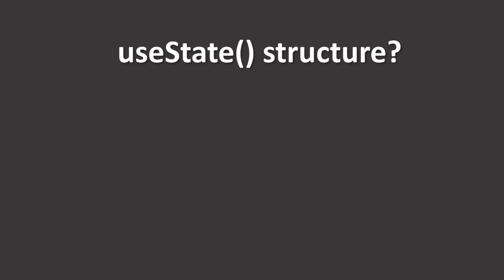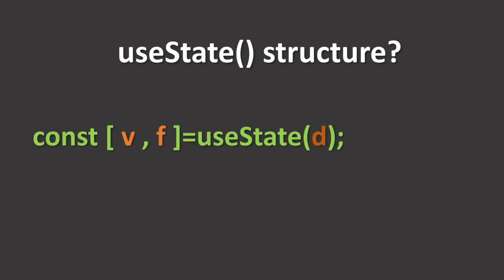What is the structure of the useState hook? It actually is a function and accepts a parameter, which is d here. I will explain it, and it returns an array with two items in it, v and f. v is a read-only variable to get the value of our state.